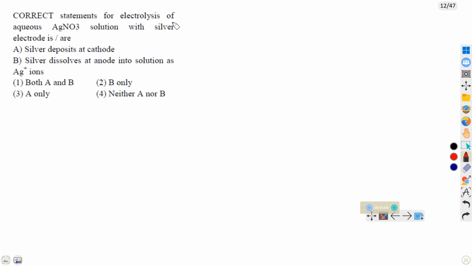Correct statement for electrolysis of aqueous AgNO3 with silver electrodes. Aqueous AgNO3 undergoes electrolysis in the presence of silver electrode.